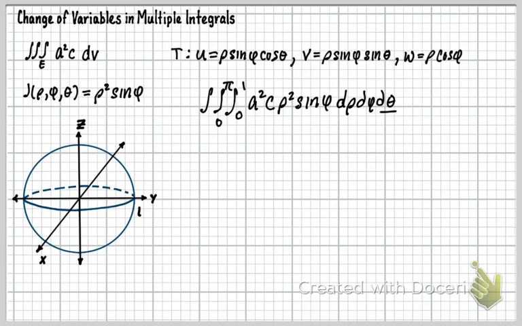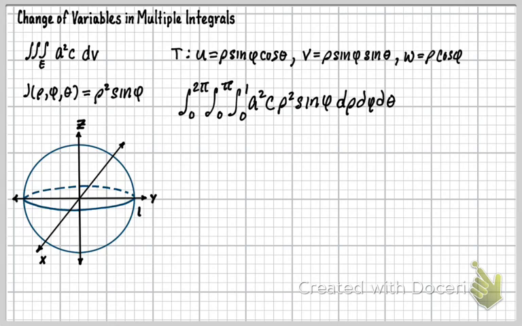And then for the last one here, theta is going to take that whole piece, sweeping all the way down, like that orange slice. And then I'm going to take that all the way around, so theta is what takes it all the way around. So that's going to be 0 to 2 pi. So there's our setup for this integral.